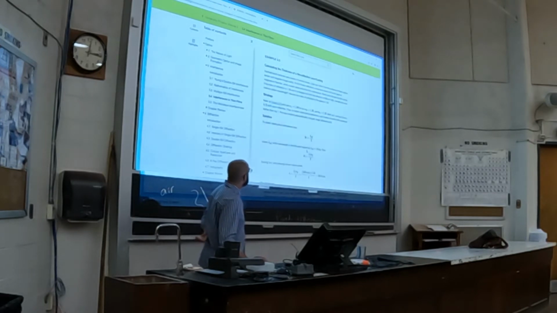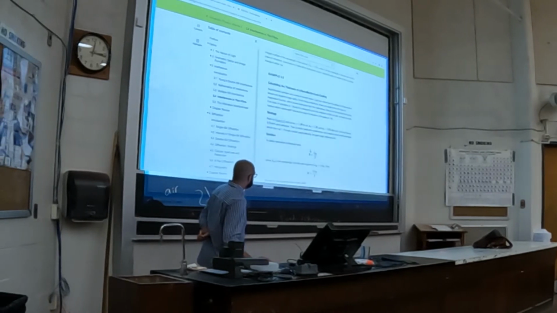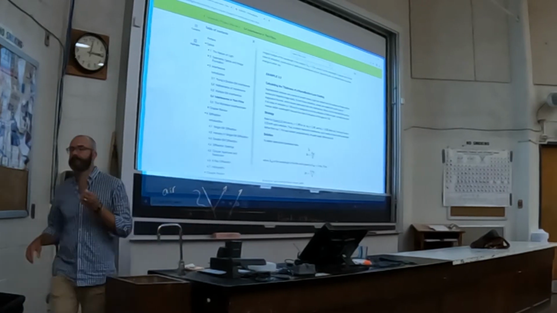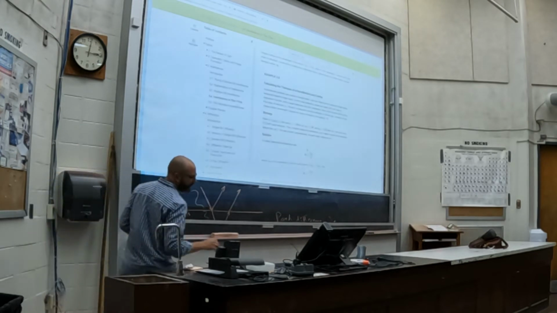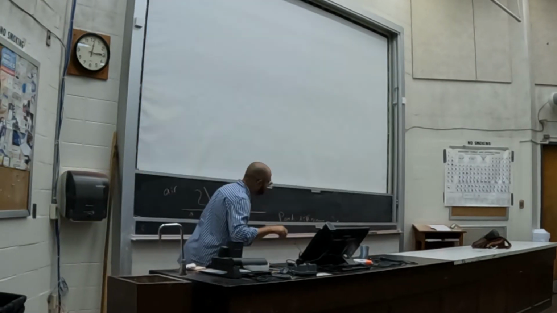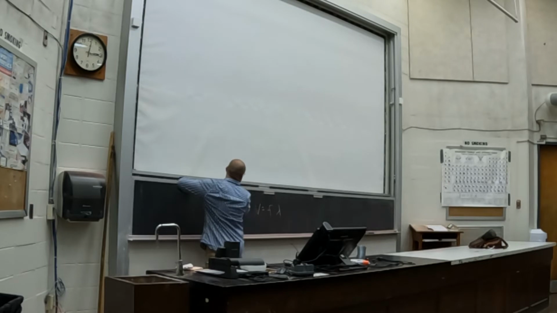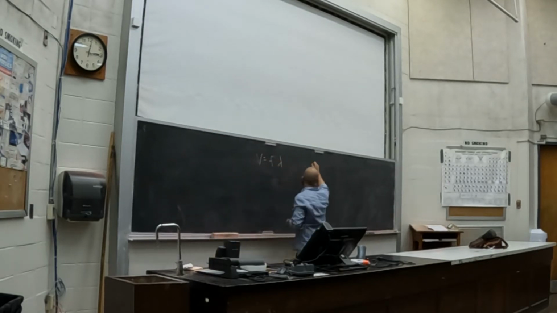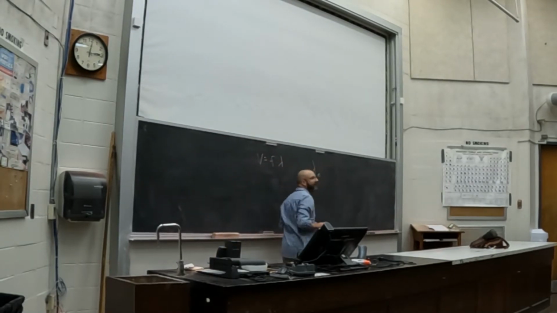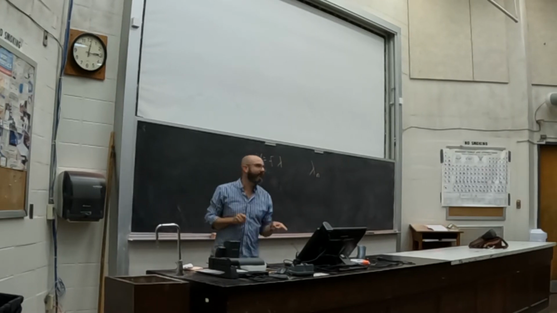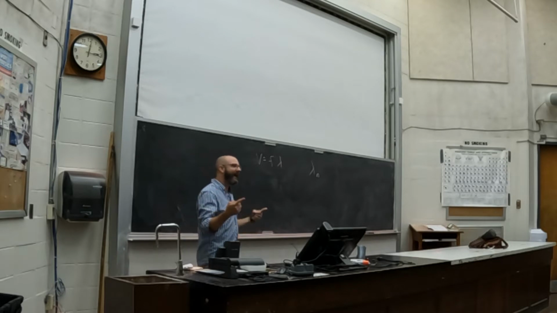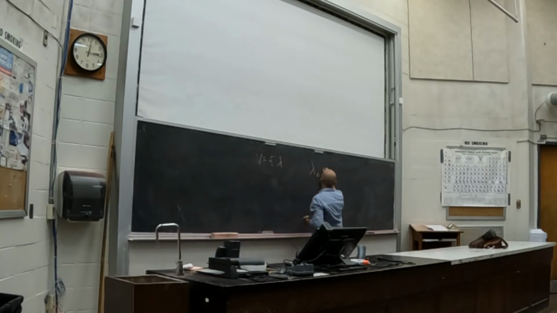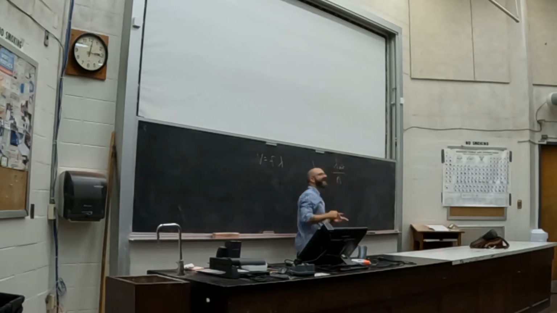The way I do that, and I'm not going to go through the algebra for this, it's in your book if you're interested, is by talking about the wavelength in the medium as lambda n, which you can match up to the wavelength outside by this: lambda in air over the n of the medium.